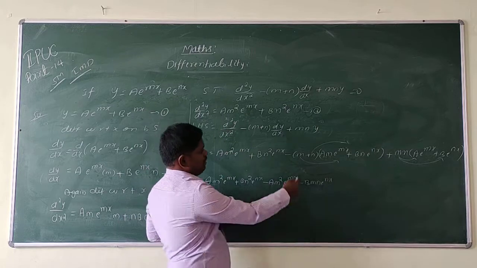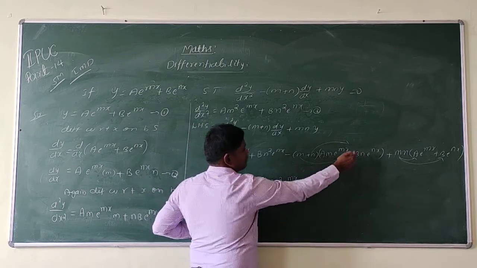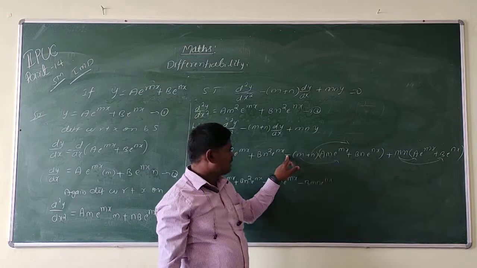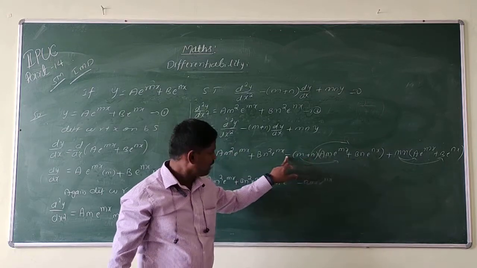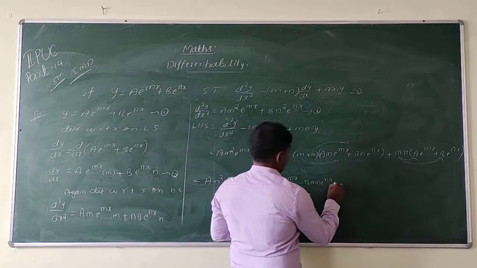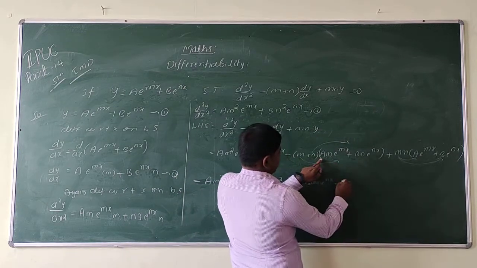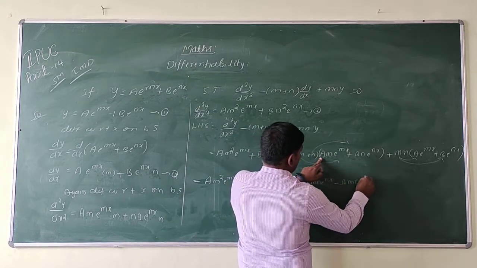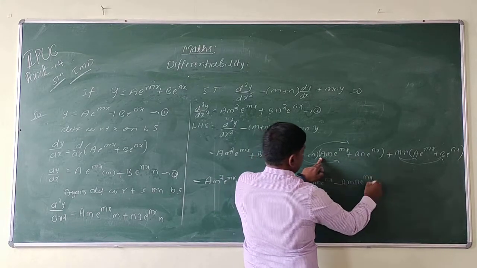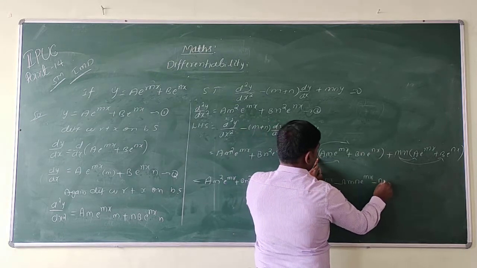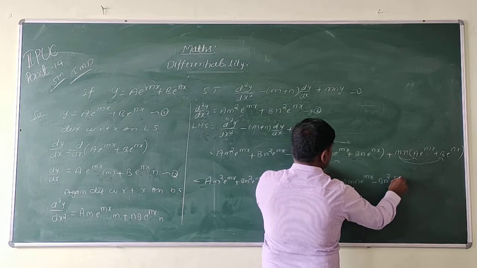So I am multiplying minus m with this, and again minus m. I am multiplying, and this minus belongs to both m and n, so I am taking minus n. So that becomes minus a into m into n into e to the power of mx. Here n is already there, minus b into n square into e to the power of nx.